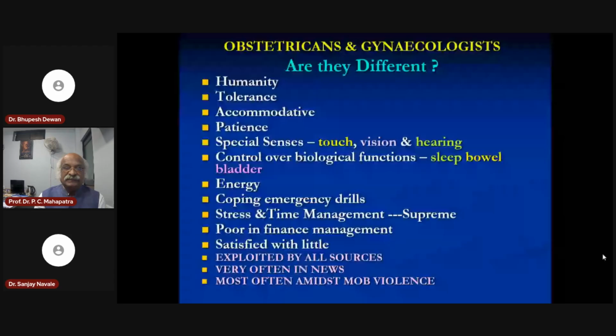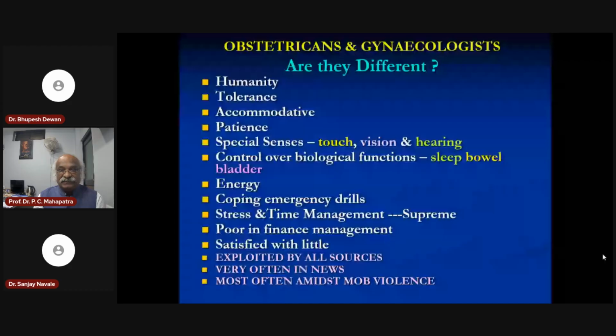All of you must have realized this. When she comes to hospital, the social identity is lost as soon as she enters the hospital. She is recognized as bed number 9 or cabin number 10 or a case of PIH or a case of fibroid. The disease identity is more important than the social identity, which we forget.